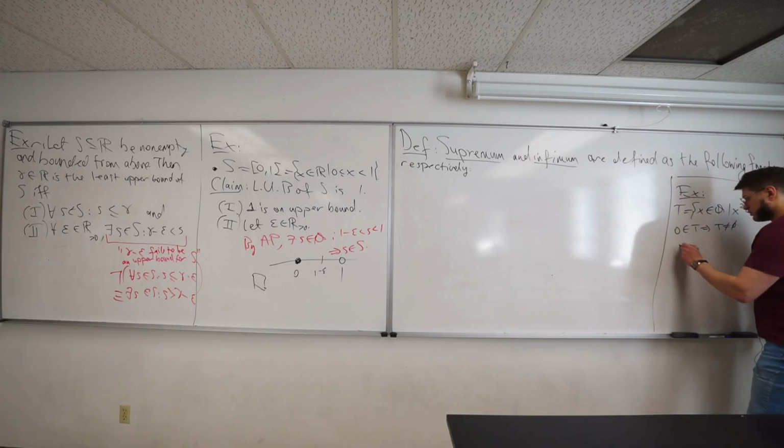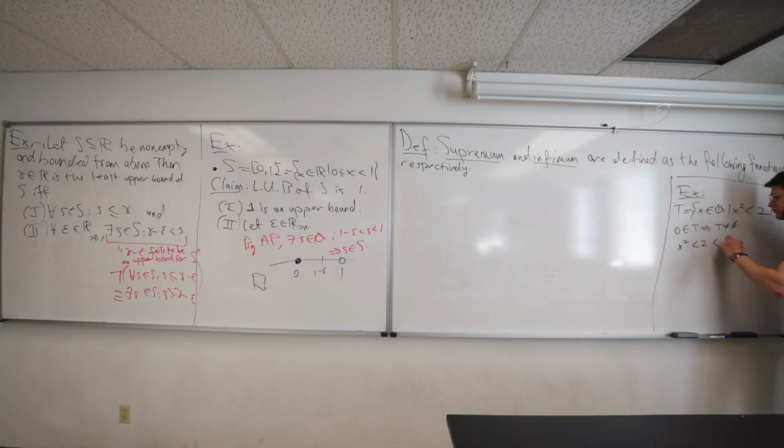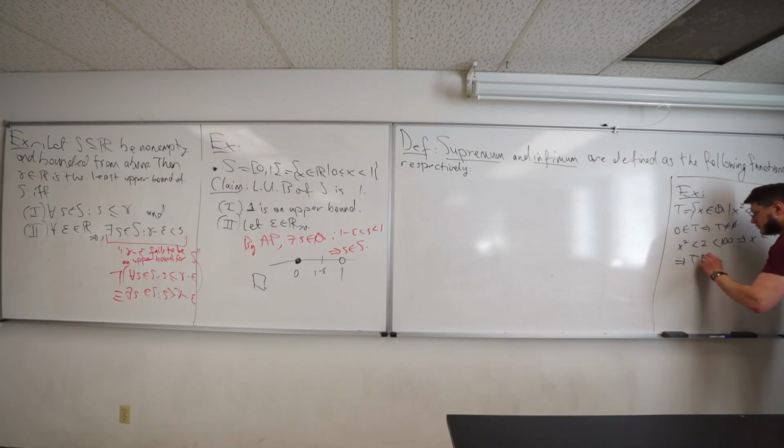If you want, we can use a different number, of course. 10, which means that x squared is less than 100, which means that x is less than 10 by taking square roots. And so 10 is an upper bound. So T is bounded from above.